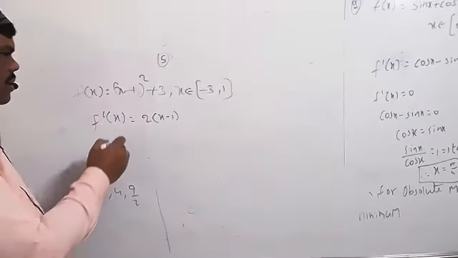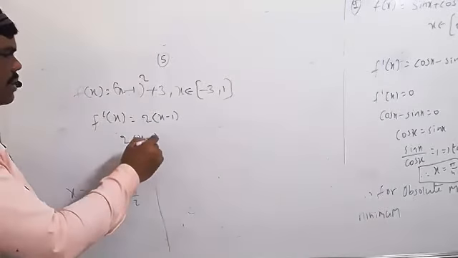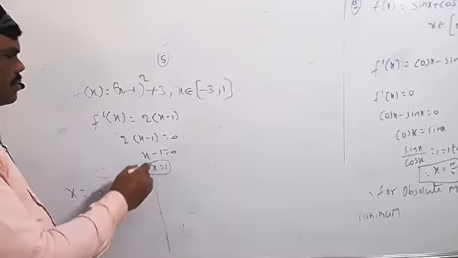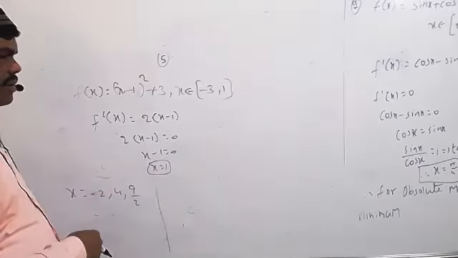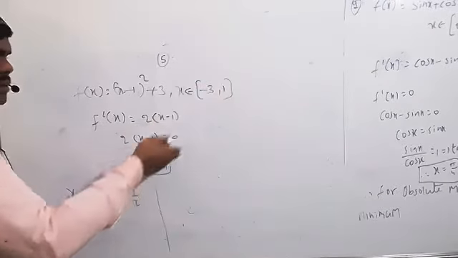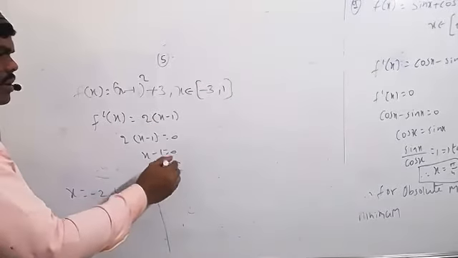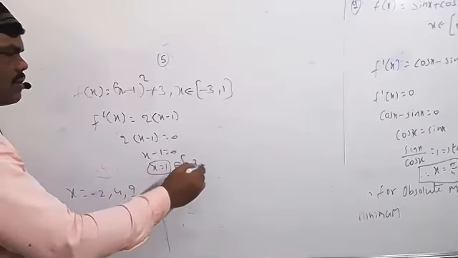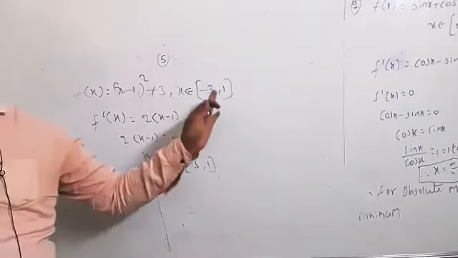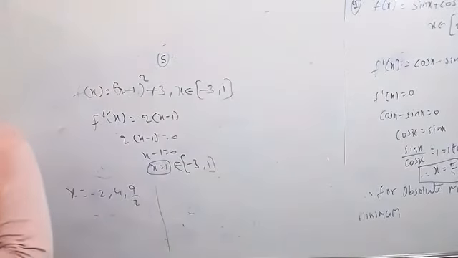So 2 into x minus 1 equals 0, so x minus 1 equals 0, and the value of x equals 1. This clearly belongs to the closed interval minus 3 comma 1. Then we have only two values to check, at x equal to minus 3 and x equal to 1.